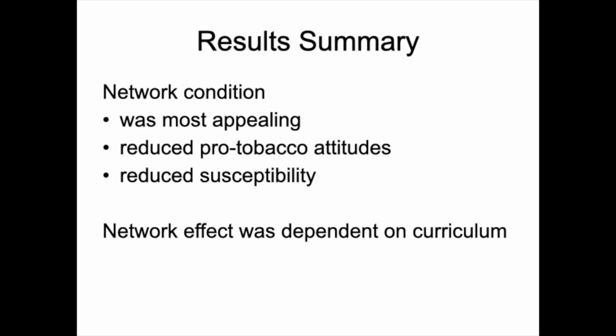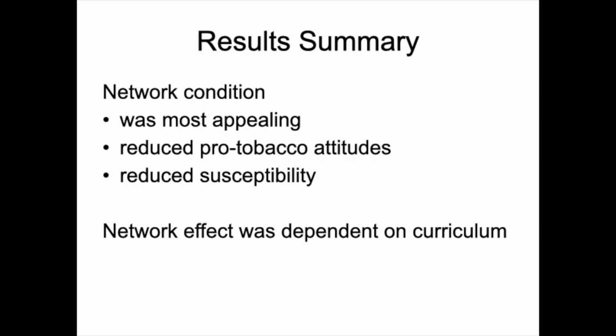So we did the study, and it turns out that when it comes to whether or not you like the program, just being in the network condition was associated with liking the program more, thinking your friends liked it more, and not liking the curriculum more. But remember, there are 2 different curricula there, so it's not surprising we didn't get a result there.